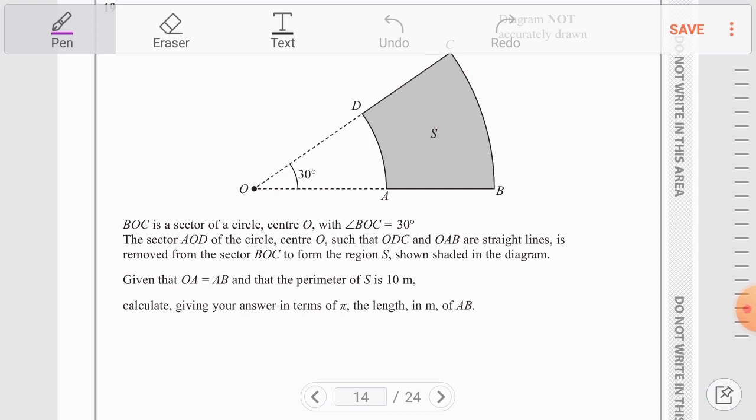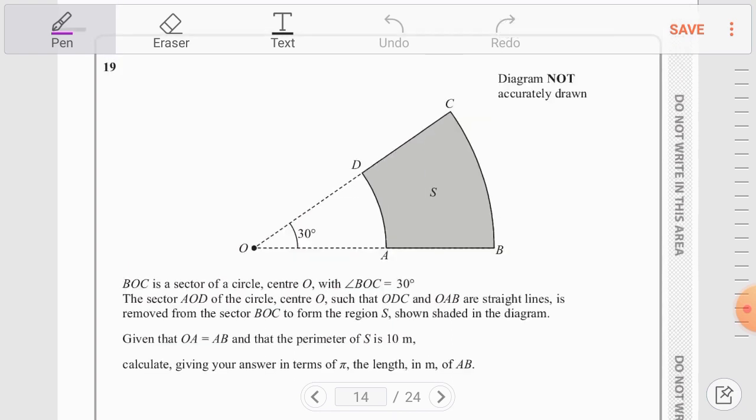As it has already been stated that COB and DOA are sectors from a circle whose center is O, we can say that OA is the radius and OB is double the radius. So we can write OB is equal to 2OA.